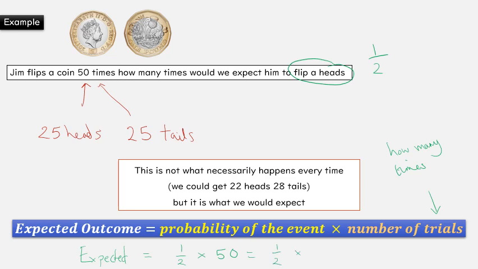And just like we've seen before, putting a 1 over the 50 so that we have 1 times 50 on the top, 2 times 1 on the bottom. 50 divided by 2 gives me 25 times. So we'd expect 25 heads. For this lesson, this blue equation is really important. It's what we're going to be using throughout.